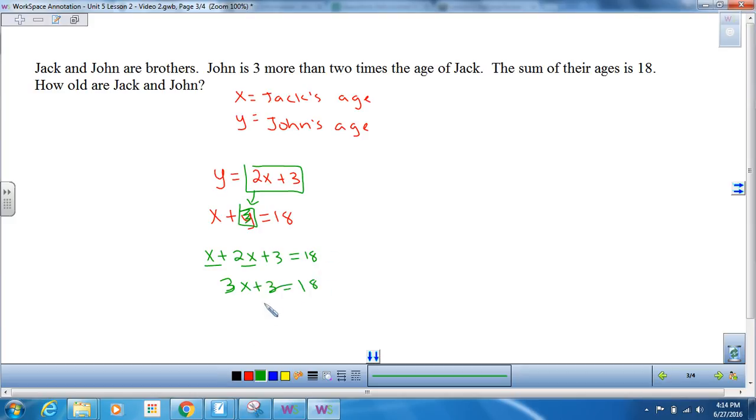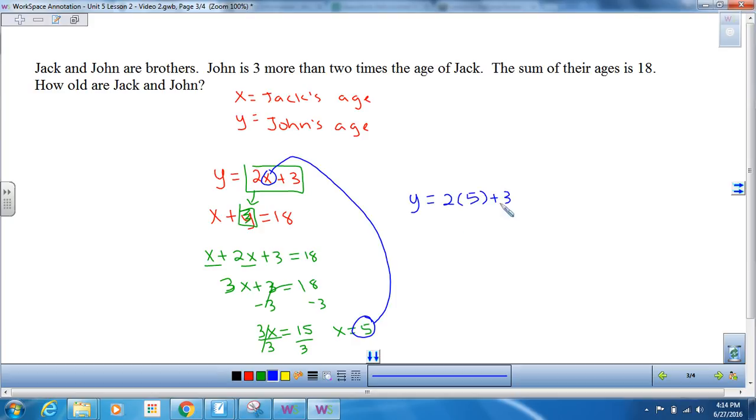And then solve, so subtract 3. Divide by 3. X equals 5. Alright, let's plug that back in. For x equals 5, so I plug that back in for x. So that would be 13.